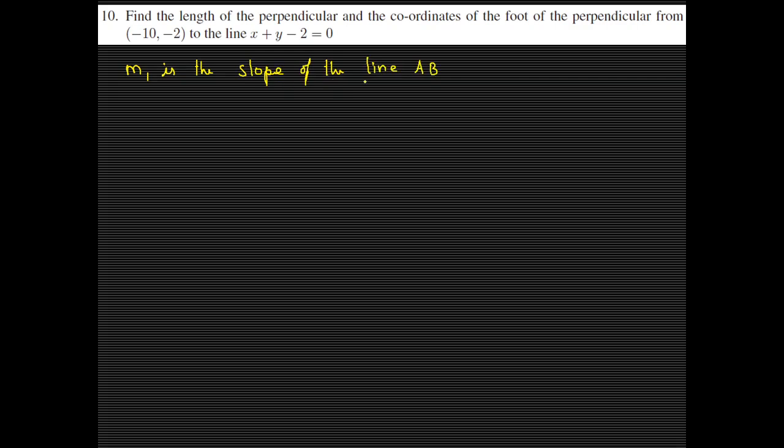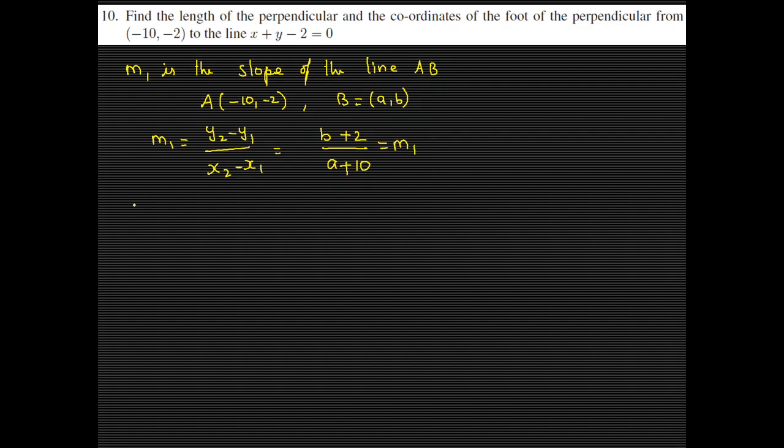The formula for the slope is y2 - y1 divided by x2 - x1, so b minus of -2, which gives b + 2, divided by a minus of -10, which gives a + 10. That is m1, the slope of AB.